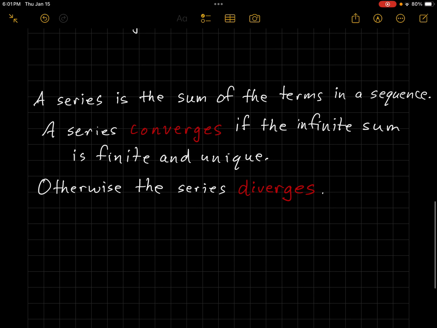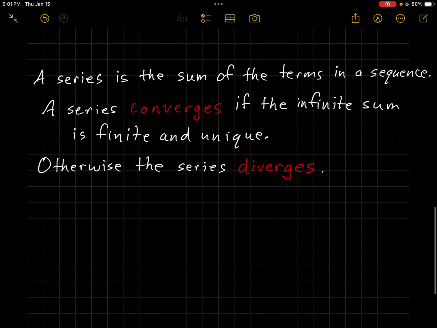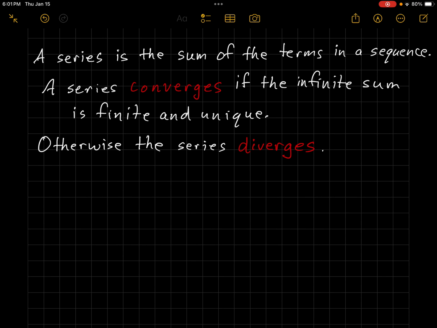And let's talk briefly about series. A series is a sum of the terms in a sequence. You're probably used to it with sigma notation. Again, we can start with any n 0 or greater, where n is an integer.